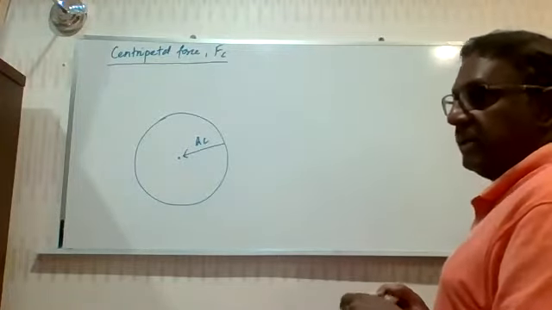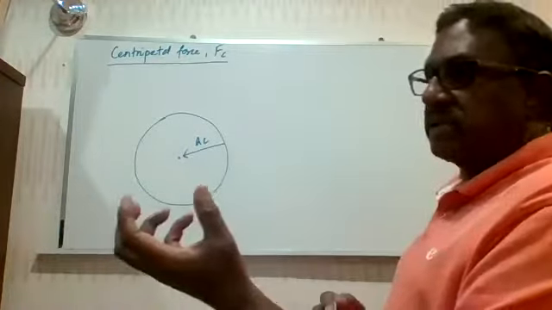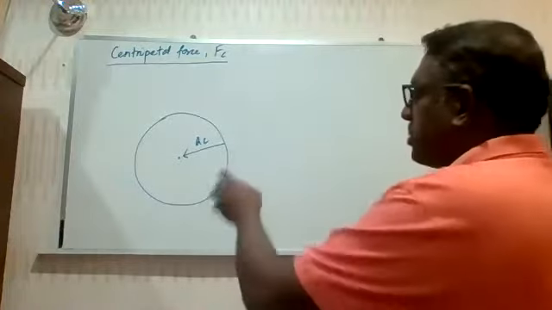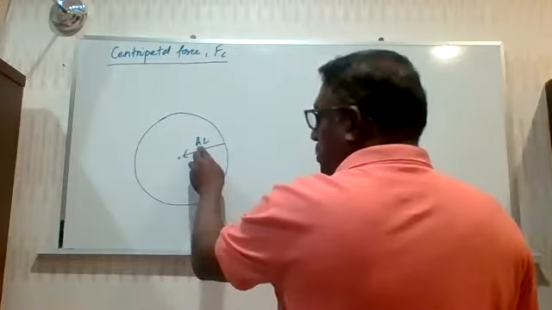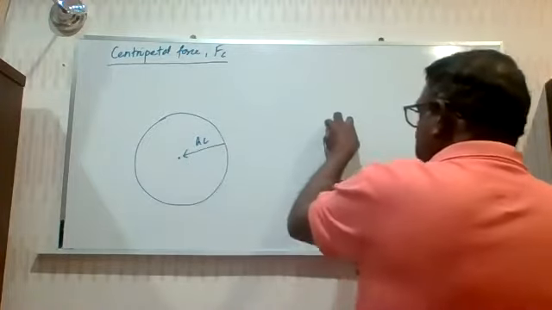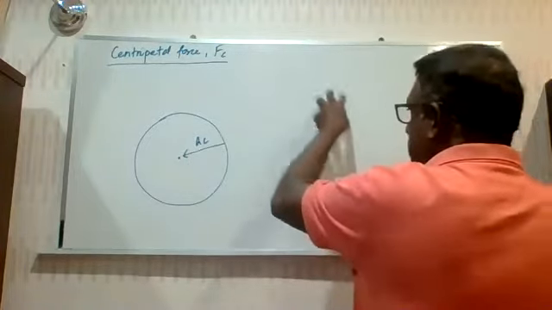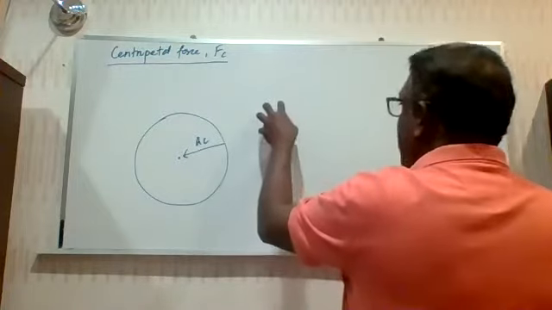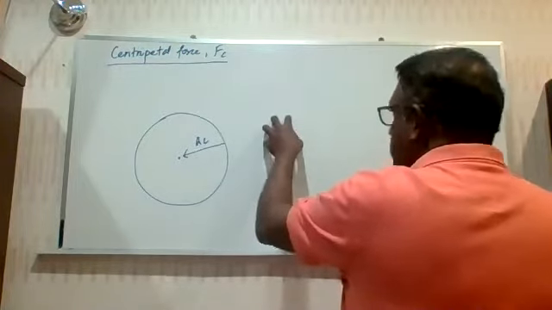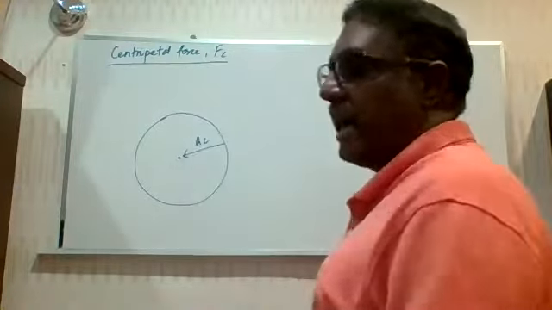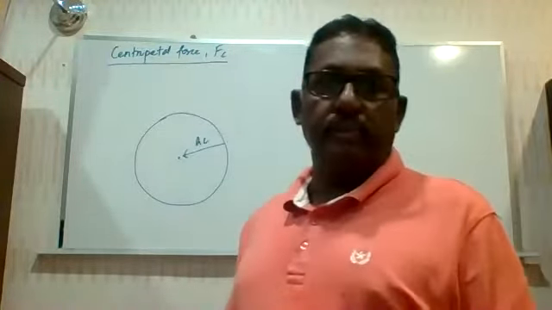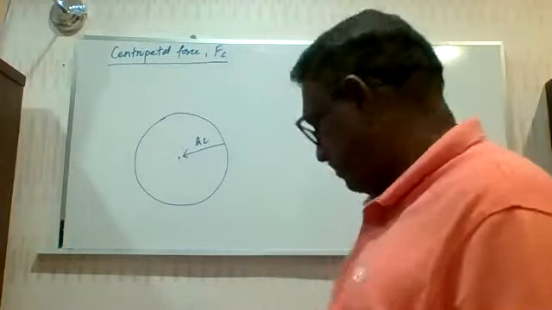That centripetal force is actually a resultant force. Because I've already told you that if there's acceleration, F equals ma. If there's an acceleration, that acceleration is generated by a net force, a resultant force, and that force is the centripetal force. So centripetal acceleration is generated by centripetal force.